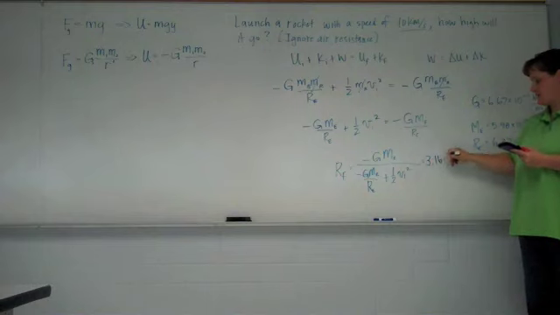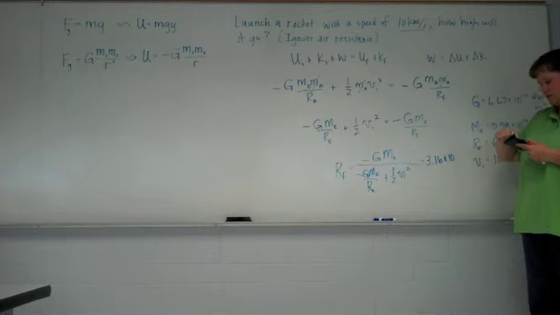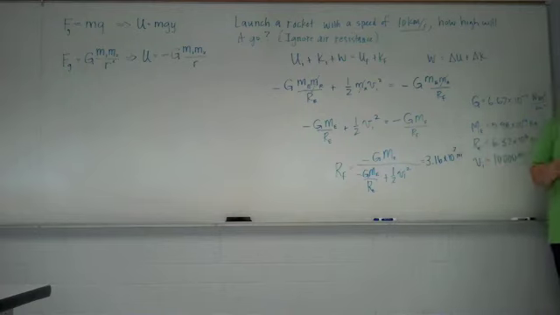I get 3.16 times 10 to the 7th meters. Where will this be measured from, by the way? Center of the Earth out to where the rocket is now. So does that quite answer the question?